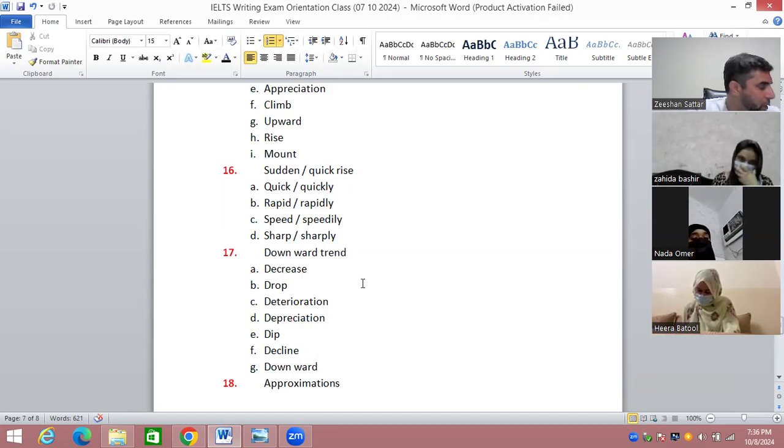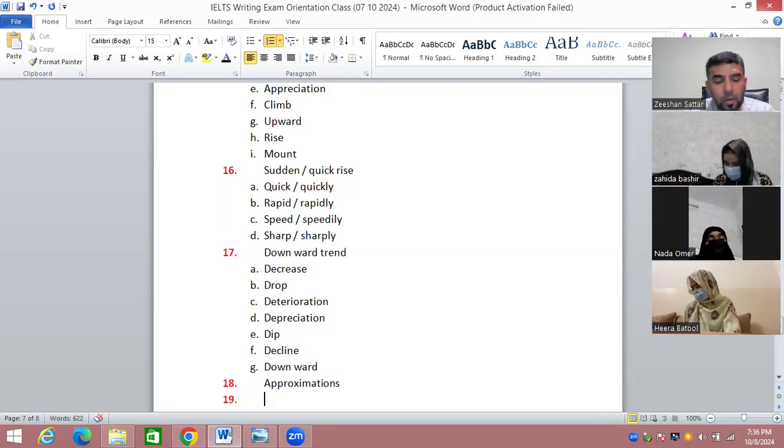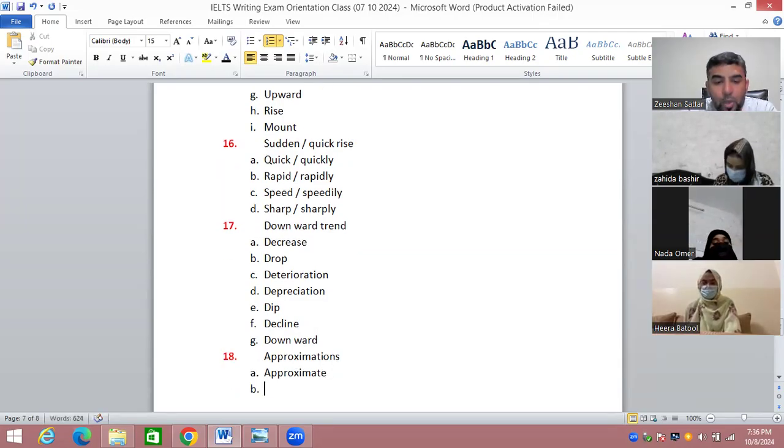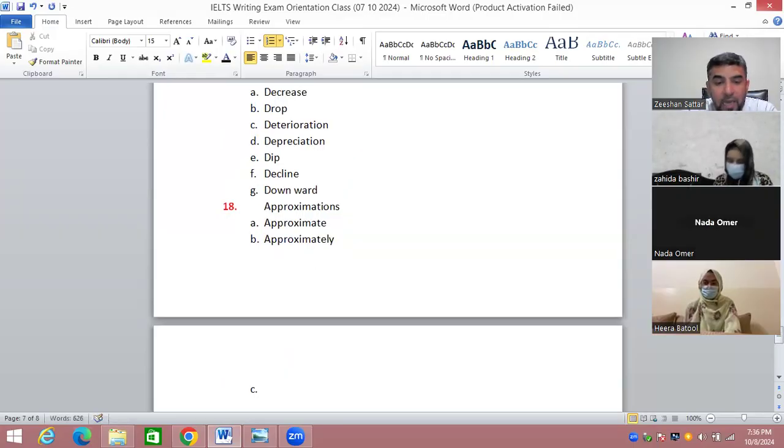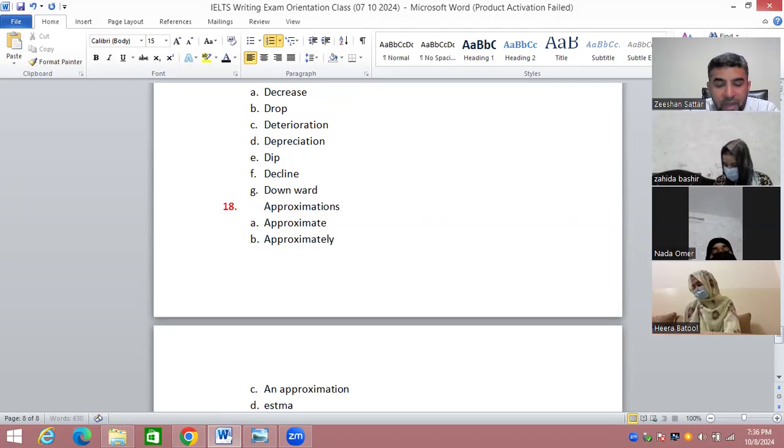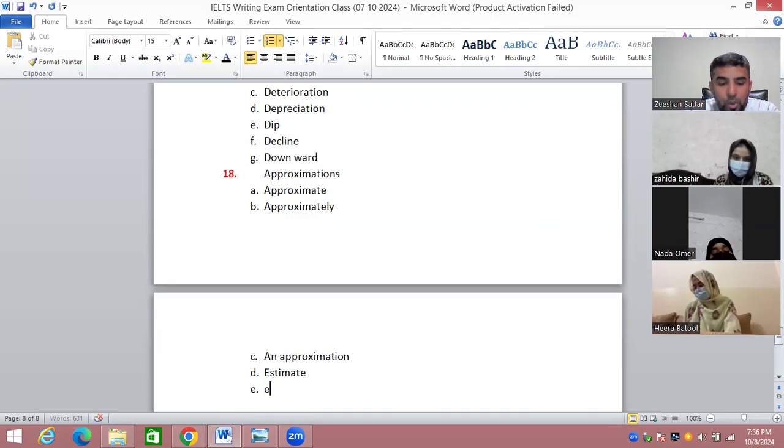For approximations, we can use the word approximate. We can use the word approximately. We can use the word an approximation. We can use the word estimate. We can use the word estimation.